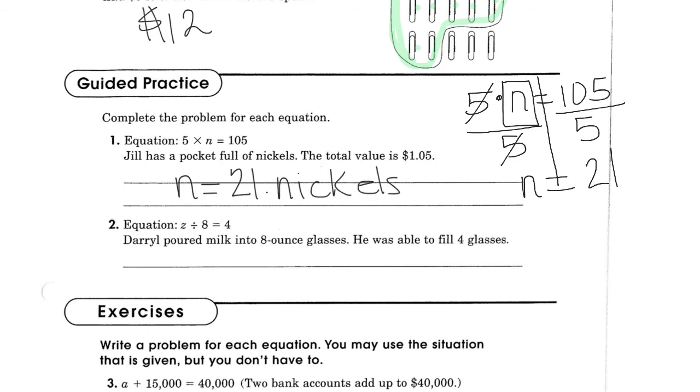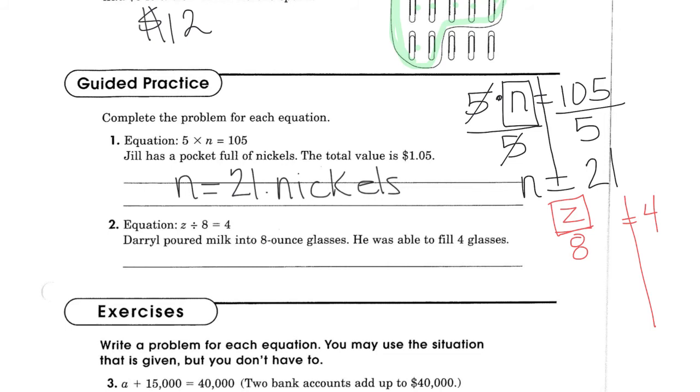Now, when I come down to the next equation, and I'm going to change colors, we have z being divided by 8 equals 4. When we get into algebra, we don't write it like that. What we would do is write it as z divided by 8. Now, if I draw my line, I box in my variable.